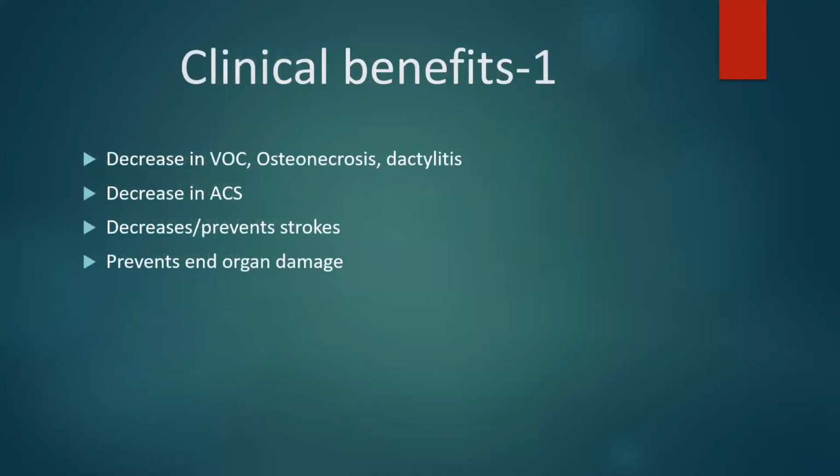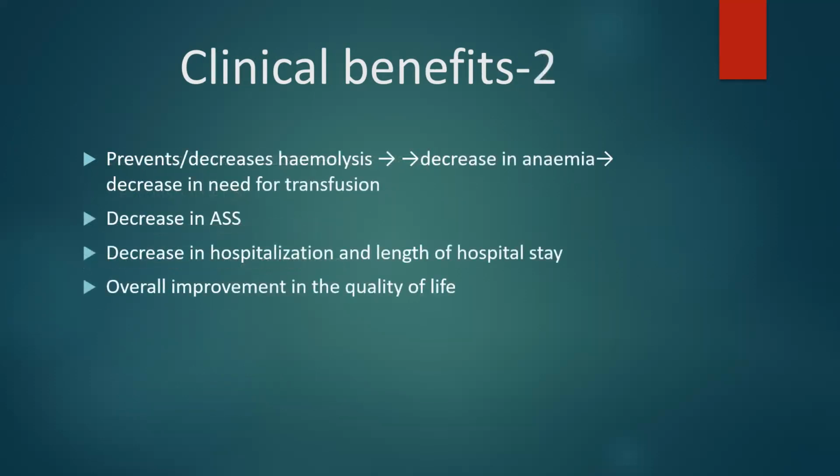So there are a lot of clinical benefits. It decreases vaso-occlusive crisis and acute chest syndrome in a patient. It also decreases stroke. It prevents end organ damage in patients with sickle cell disease.